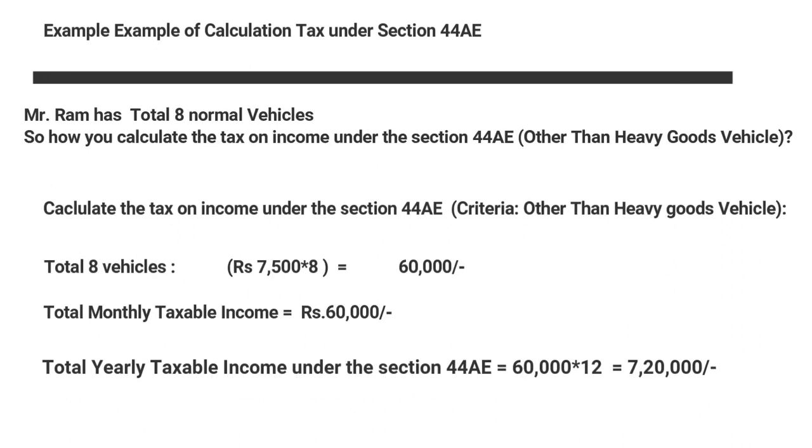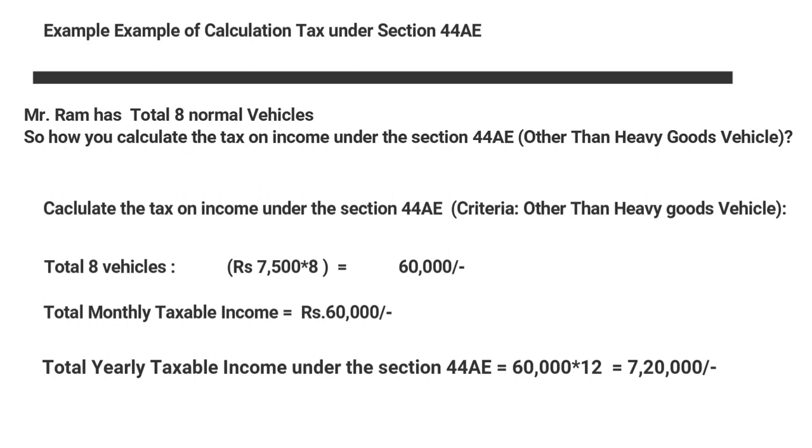Let us understand the calculation under section 44AE for other than heavy goods vehicle with the same example. Mr. Ram has a total of 8 normal vehicles. So how are we going to calculate the tax on income under section 44AE criteria other than heavy goods vehicle? So let's recall the criteria for other than heavy goods vehicle. As per the criteria, you have to calculate the income under section 44AE for criteria other than heavy goods vehicle.